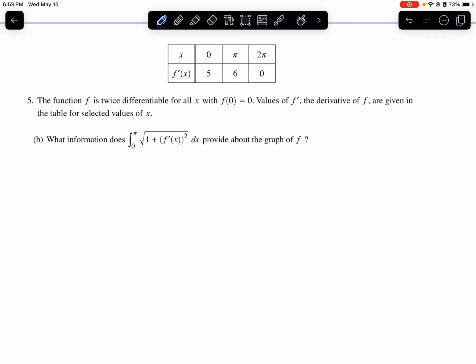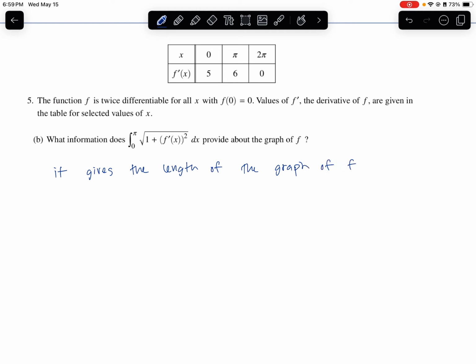So what information does this give me about the graph of f? That's an important part. It gives me the length of the graph of f.